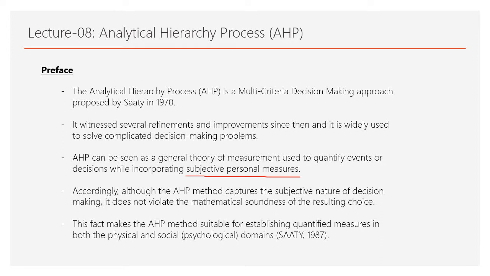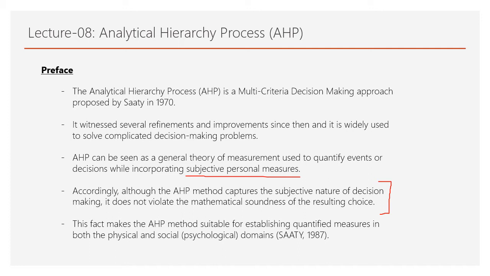So accordingly, although the AHP method captures the subjective nature of decision making, it does not violate the mathematical soundness of the resulting choice. So this is very important. This is bridging the gap between subjective decision making and more mathematical or objective decision making.